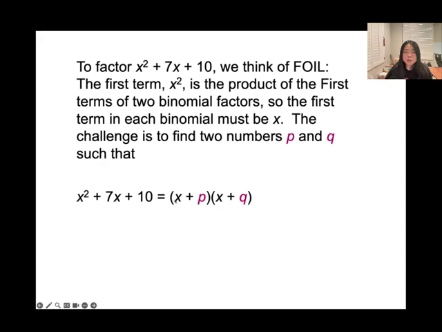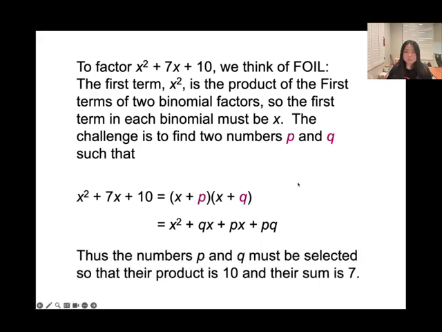So we need to figure out what is x plus p times x plus q. If we used the FOIL method to distribute it one by one, we're going to get this. So we need to figure out when p times q has to be equal to 10, and when q plus p has to be equal to 7. Okay, so we need to know how to find these two numbers.